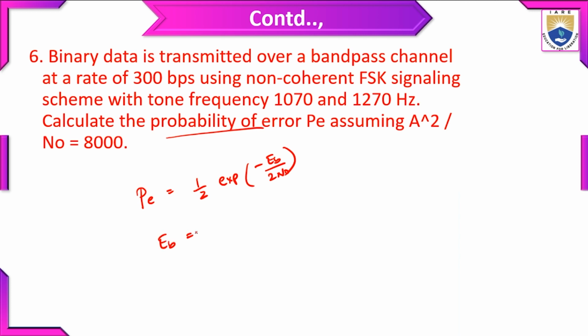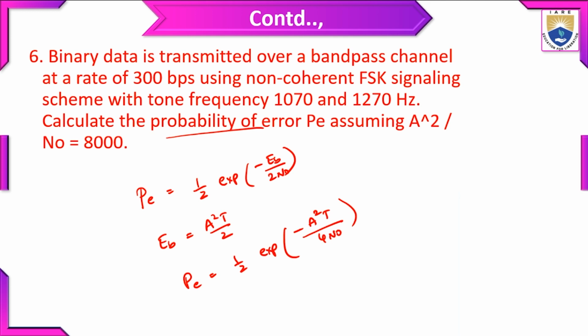But we know that EB is equal to A square T by 2. So we go to substitute. Probability of error is equal to 1 by 2 exponential of minus A square T by 4 N naught. So this is the modified probability of error of FSK.